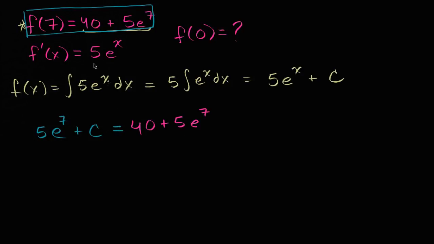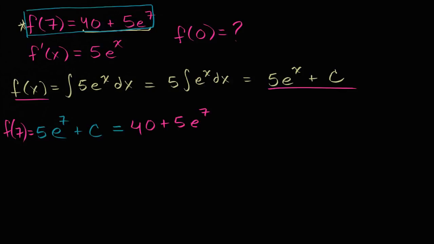And notice all I did is say, okay, f(7). Well, if this is f(x), I just replace the x with a 7 to find f(7). And we know that f(7) is also going to be equal to that. They gave us that information.